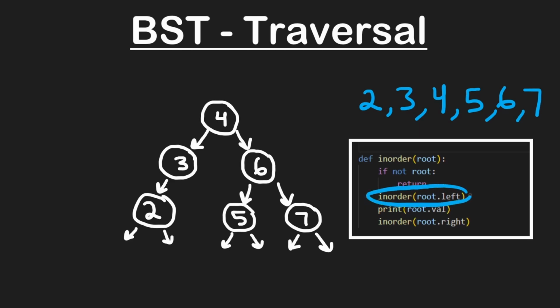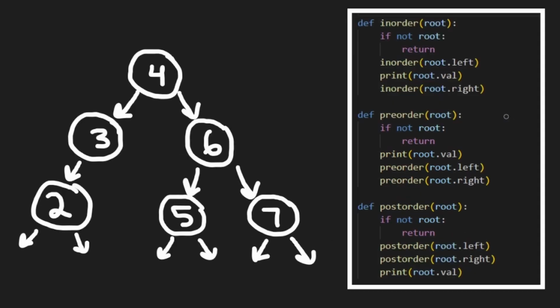Instead of going through the entire left subtree before we print the 4, we just print it before we go through its left subtree, and then we go through its right subtree. So to make it more clear, this is exactly what that code would look like, printing it before we run pre-order on the left and then we run pre-order on the right. Otherwise, it's the exact same base case, the exact same parameters.